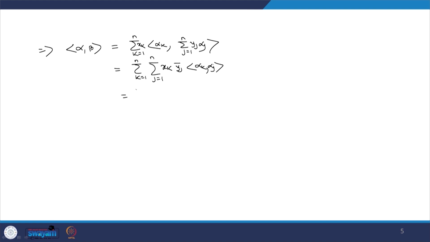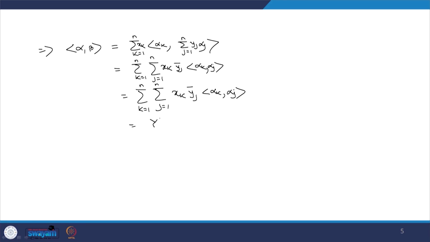So, this is equal to sigma k equal to 1 to n, sigma j equal to 1 to n, x_k and y_j bar, and the inner product of alpha_k and alpha_j.